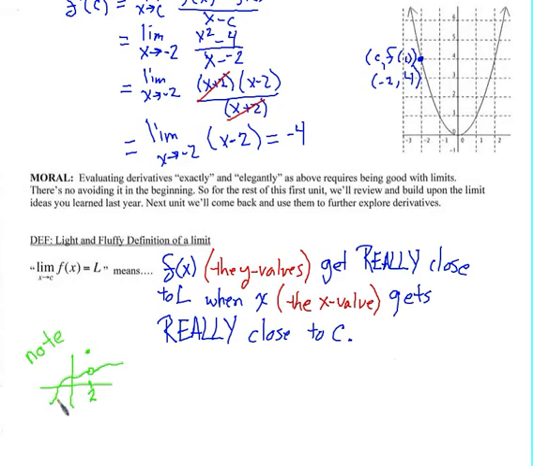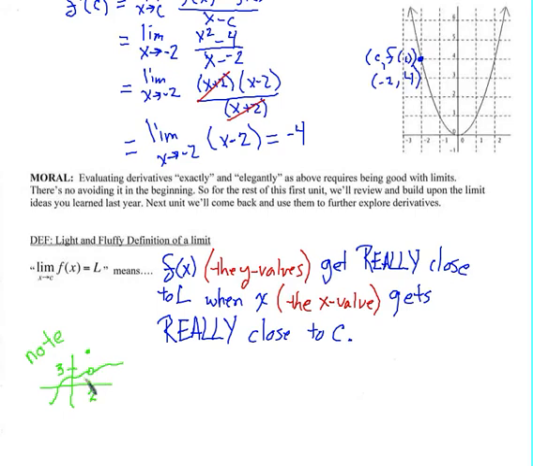as this function's x coordinate is approaching 2, we'll call that 3, it looks like the function is approaching a value of 3 as we're coming from the left of the x value of 2, and as we're coming from the right of the x value of 2, we are also approaching 3, even though at 2 we have no value, or actually we have a different value for the function.